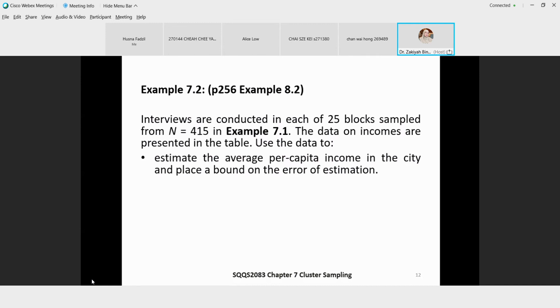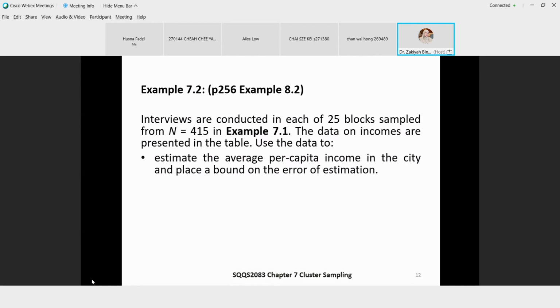Okay, remember the study of income? You have no list of resident adults, but you have a list of 415 blocks in the city. Put in context. Mathematics is all numbers, but the beauty of statistics is you tell a story using those numbers.